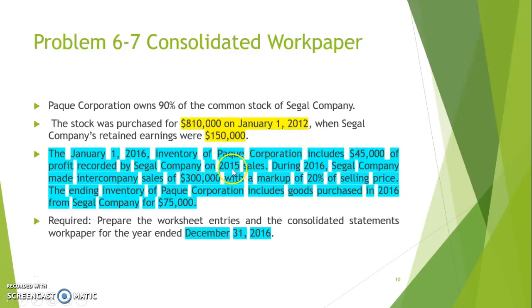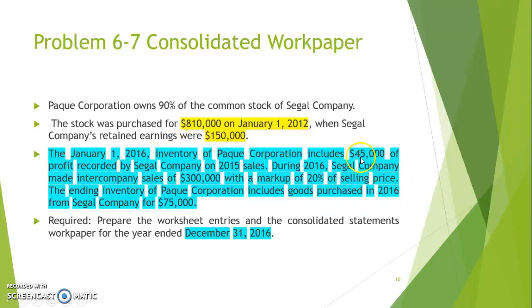Now on to dealing with the issues relating to intercompany sales and any realized profit in the beginning inventory and unrealized profit in ending inventory. Now you would note in this particular question that the inventory of the parent includes $45,000 of profit.